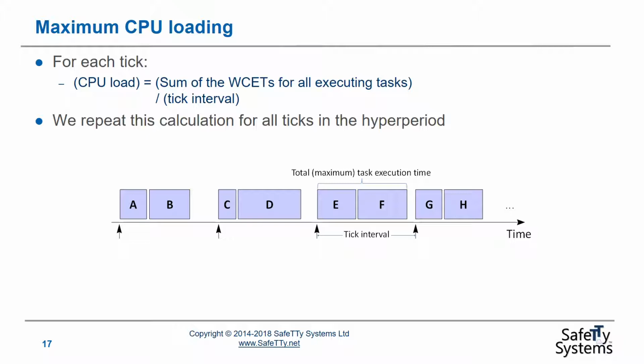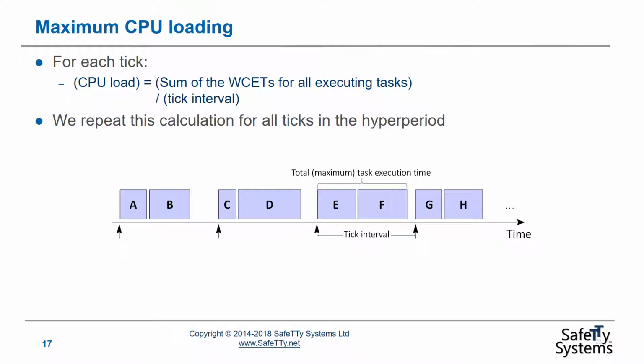In this case, we simply go through the whole hyperperiod and sum up the maximum task execution time for all the tasks that are released in each tick interval, and that gives us a representation of the maximum CPU load. So we're looking for the tick in which we have the maximum task execution time, and that reflects the maximum CPU load for this design.